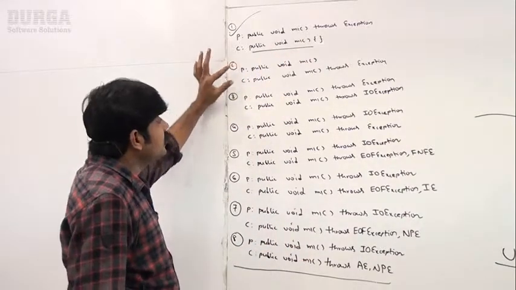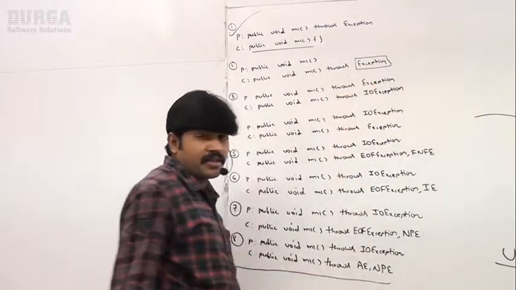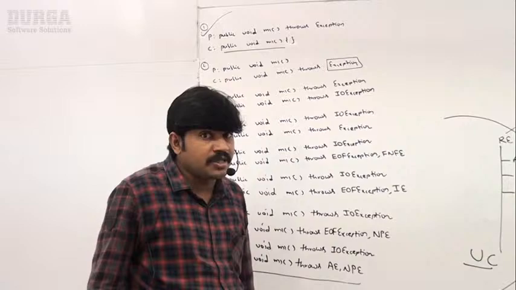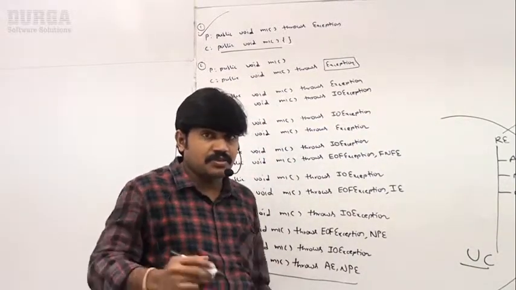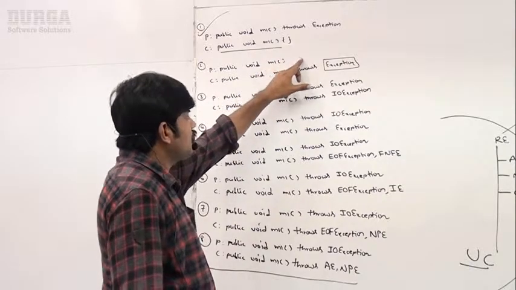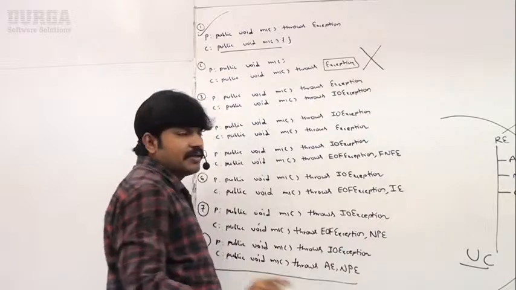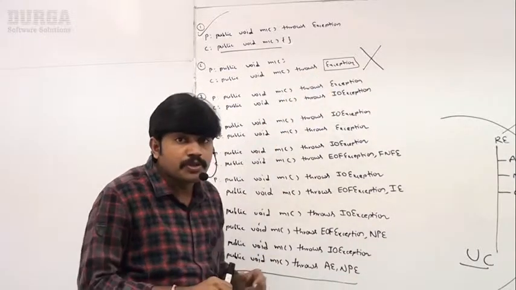Second case, the child method throws an exception. If a child class method throws any checked exception, the parent method should throw the same checked exception or its parent. But here the parent method does not throw. That's why this one is invalid. We are going to get a compile time error by default. Please make sure you are aware.